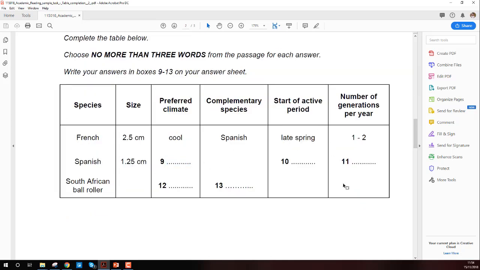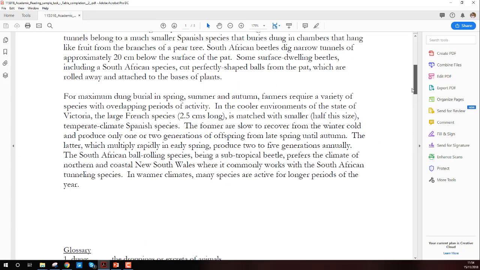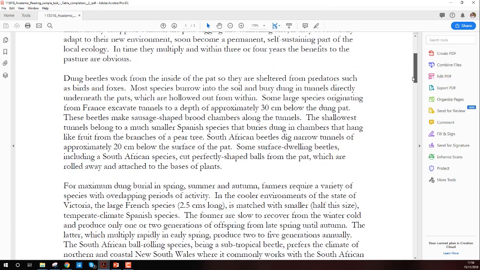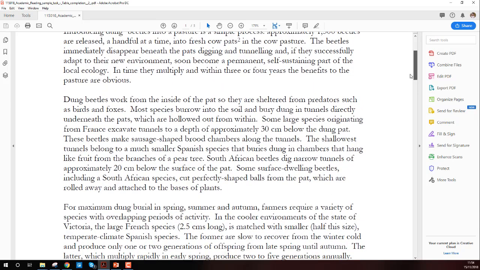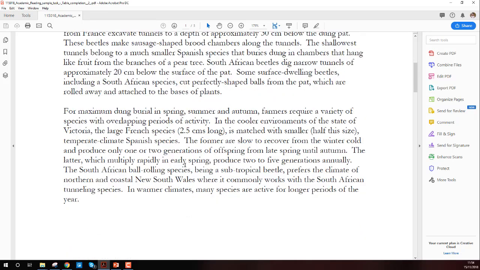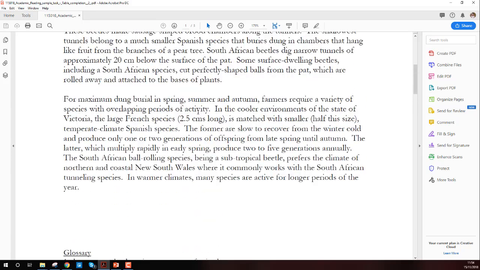10, so Spanish again, start of active period. So nothing there. So the former, that's the French.